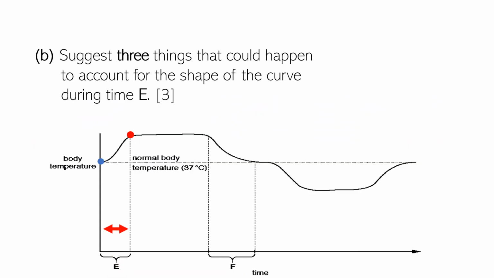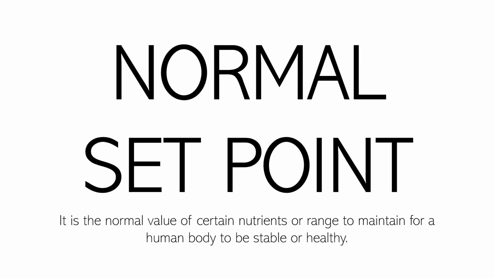B. Suggest three things that could happen to account for the shape of the curve during time E. Let us first consider the normal set point and think of what could have changed the normal set point. Normal set point. It is the normal value of certain nutrients or range to maintain for a human body to be stable or healthy.